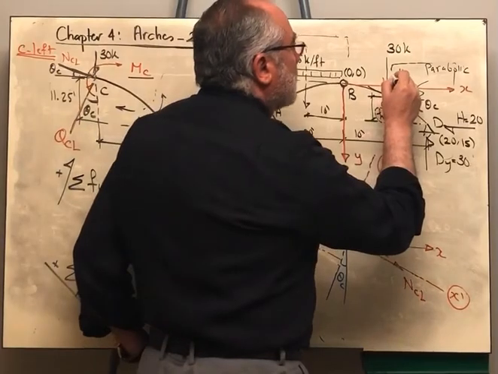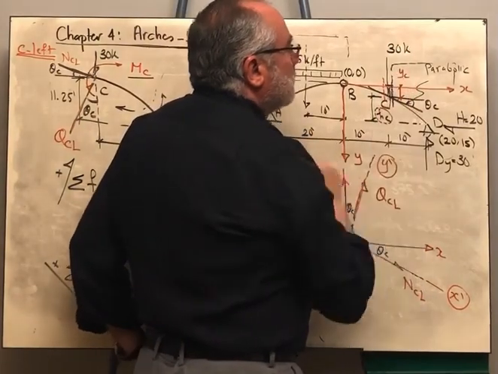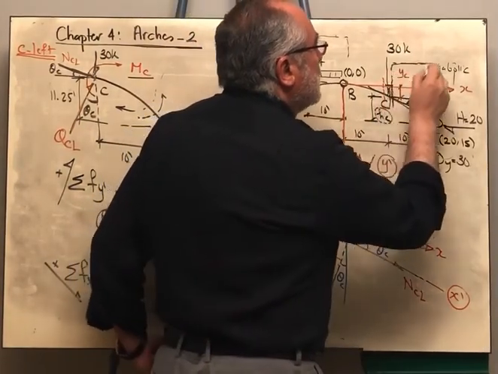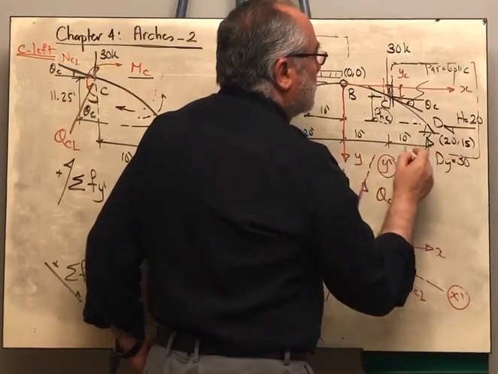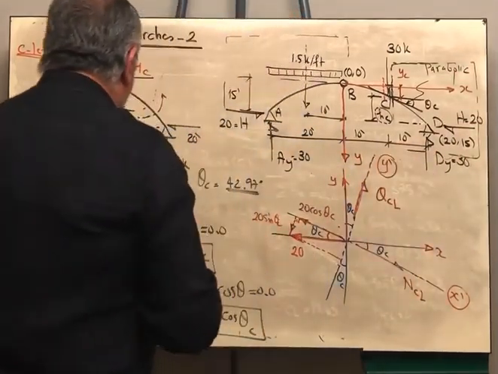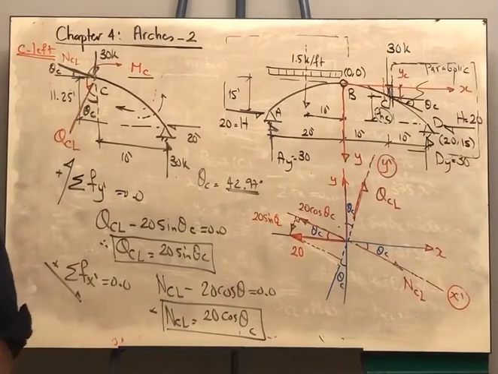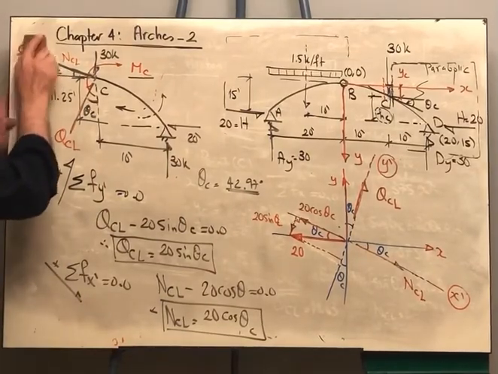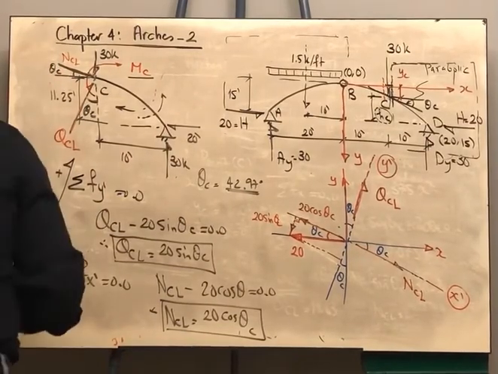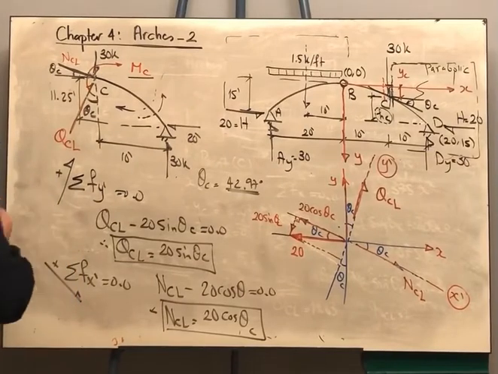If I want to determine the normal force and the shear force just right of point C, I will be taking this part only, right? So what will be the difference here? Now I'm talking about point C right.